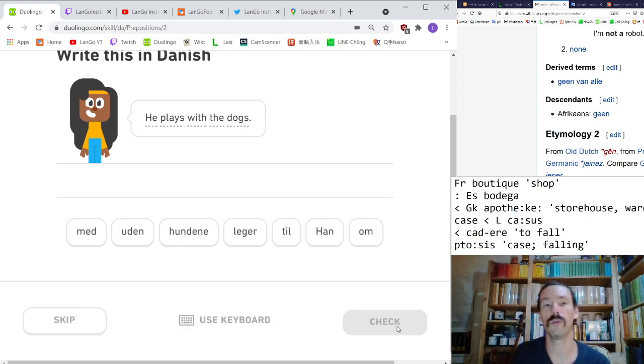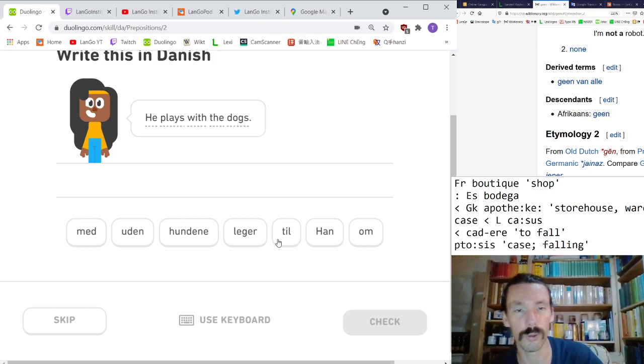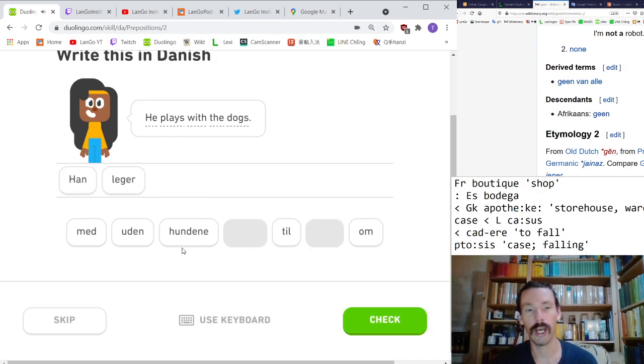He plays with the dogs. Leia is leker in the related languages here. Leia, I suppose it would be. Han leger med hundene.